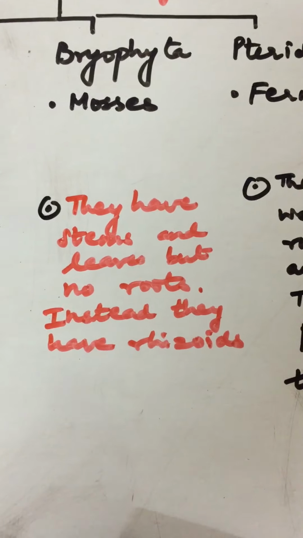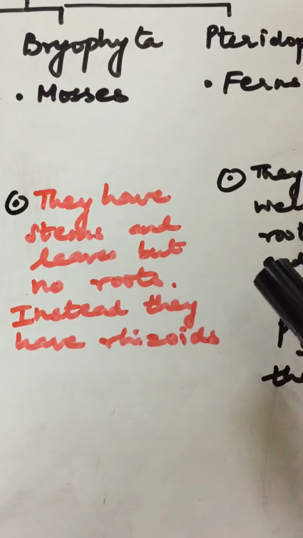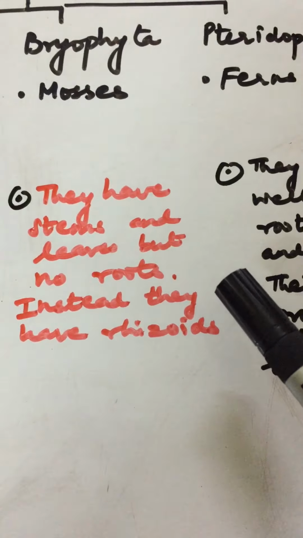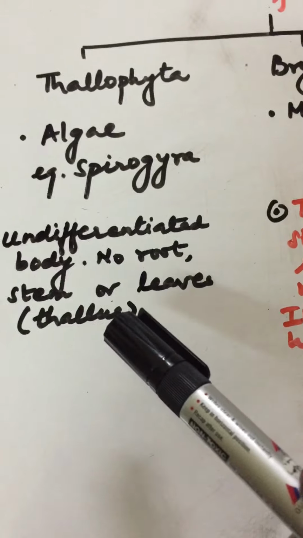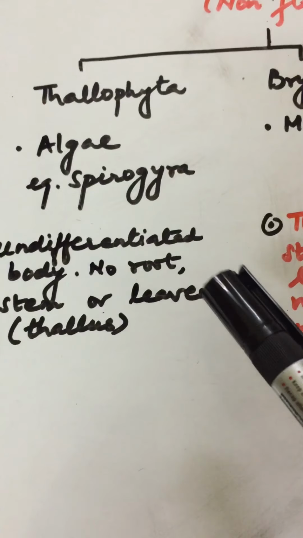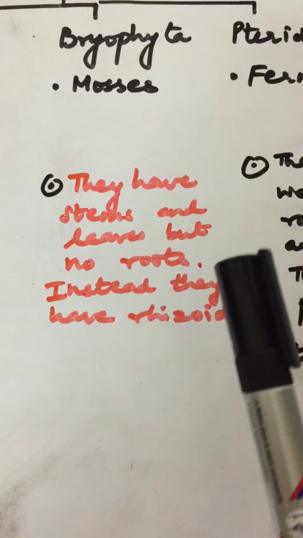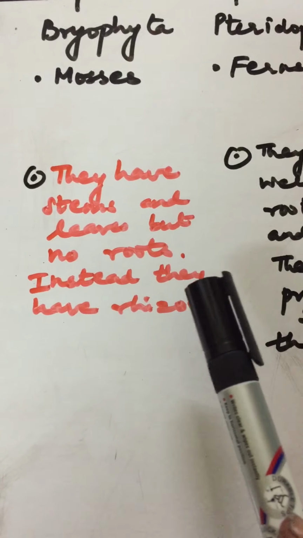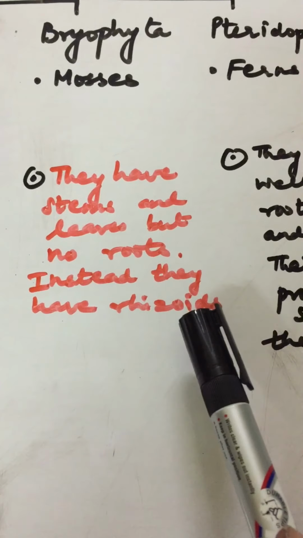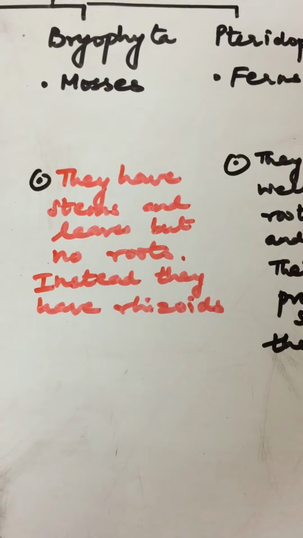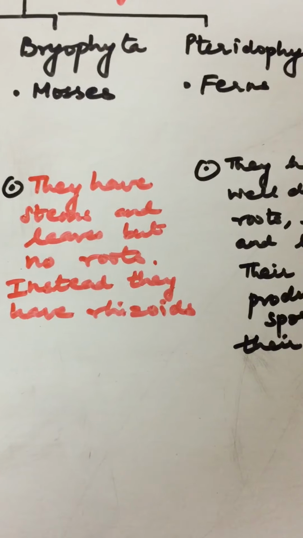Example is mosses. They have stems and leaves, but they do not have roots. Please take a note again that Thallophyta have no stem, no roots, or no leaves, but Bryophytes have stems and leaves, but roots are absent. Instead of roots, root like structures are present, which are called rhizoids.